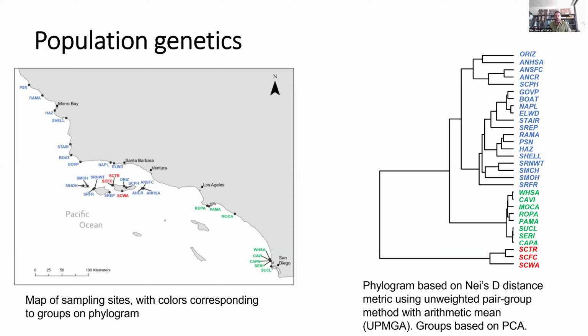What really surprised us is that we found a smaller group, red here, which represents three sites on the west and south side of Santa Cruz Island. These were all characterized by very high heterozygosity compared to the other sites, which suggested a possible hybrid zone.